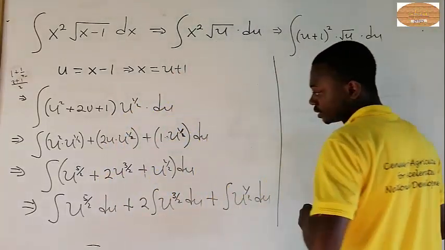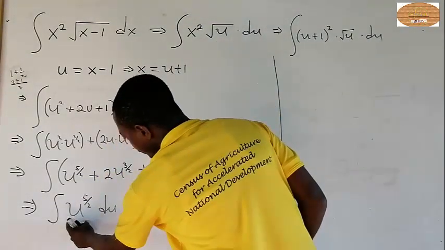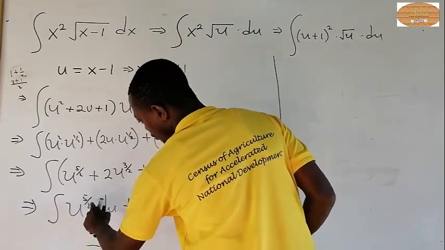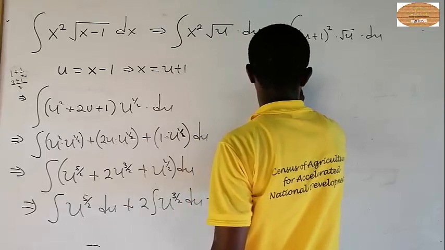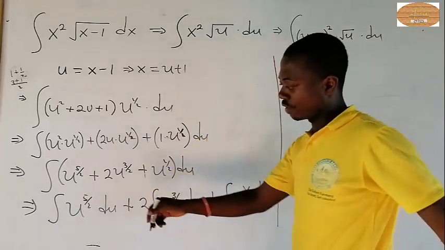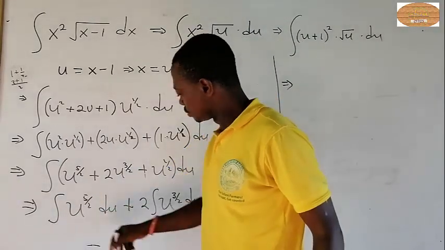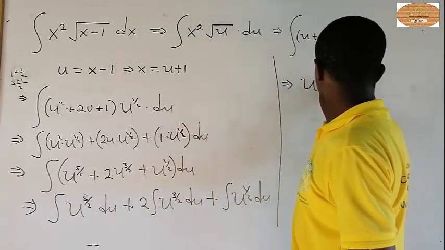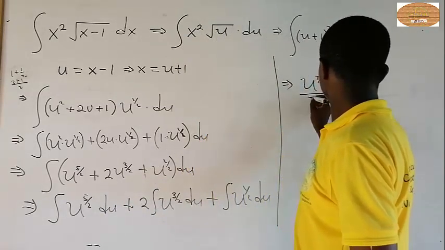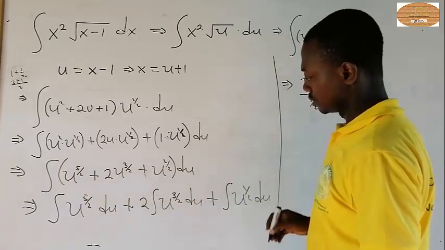Alright, so let's integrate this. For u to the power 5 over 2, we get u to the power 7 over 2 over 7 over 2.